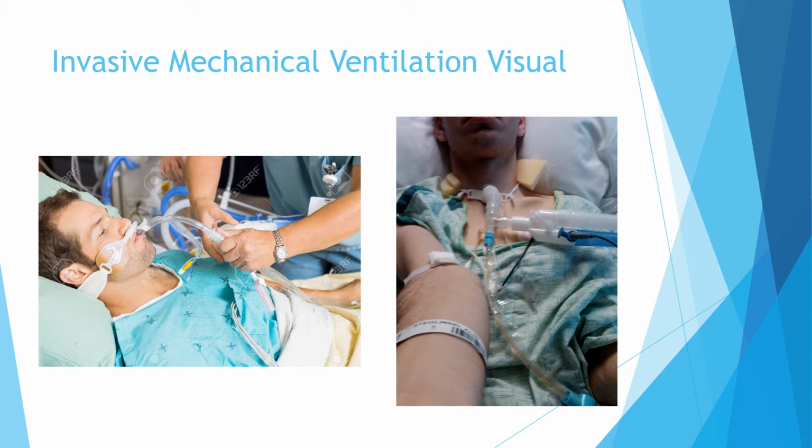Once that endotracheal tube goes in, you're listening to your lung sounds. You want to know that that tube is in the right place. So if that tube was put in, and maybe the physician accidentally put it into the esophagus instead of the trachea, you're not going to hear lung sounds, right? There's going to be no tube there to deliver the breaths into the trachea because it was accidentally put in the esophagus.